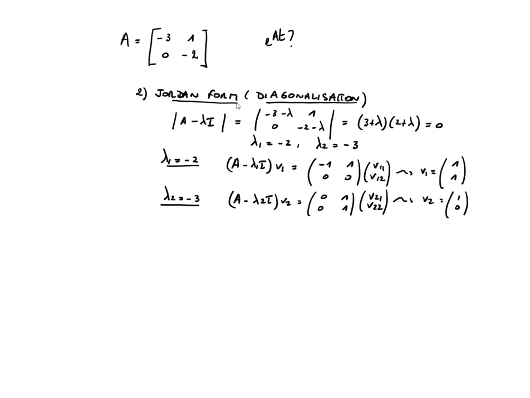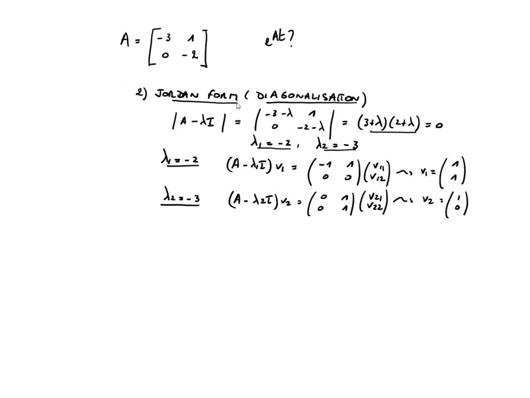The first thing that you have to do, and this I have already prepared, is compute the eigenvalues and eigenvectors. You compute the determinant of A minus lambda I. This yields the characteristic polynomial, and you look for the roots, and here you have two roots: lambda 1 is minus 2 and lambda 2 is minus 3. Then you have to look for the eigenvectors.